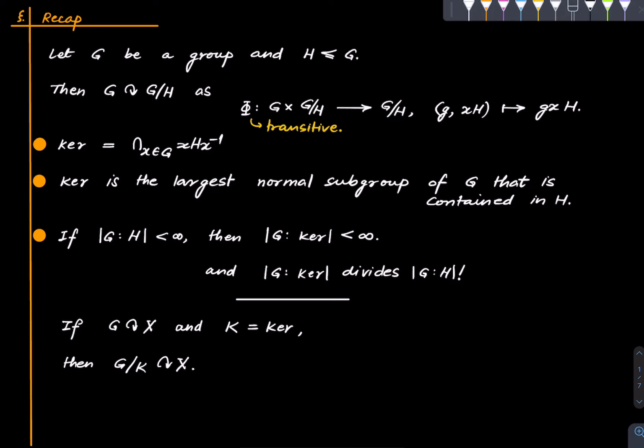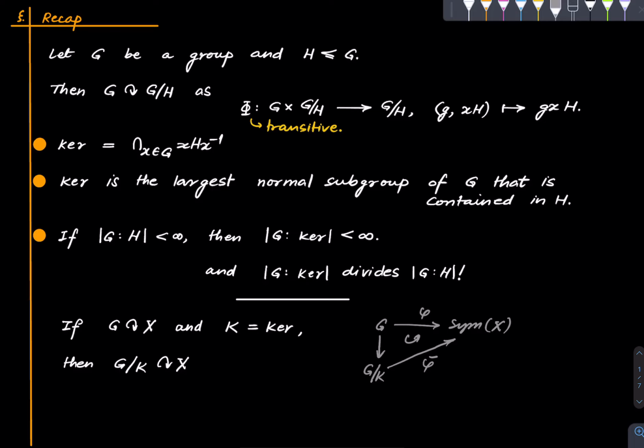Also note that this is general nonsense about group actions. Suppose I have a group G acting on a set X, and K is the kernel of the action, then there is a natural action of G mod K on X. I don't know if I established this earlier, but this is very simple. Basically, we are given a homomorphism, and if K is the kernel of this group homomorphism, then we get an induced homomorphism just by the first isomorphism theorem.